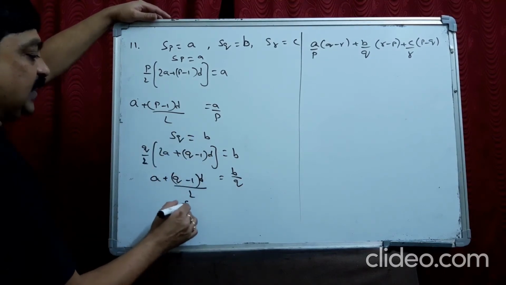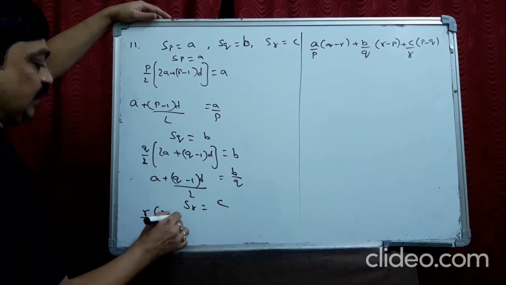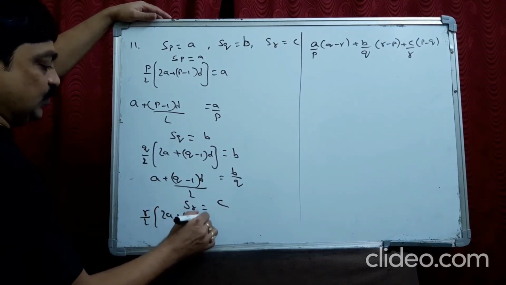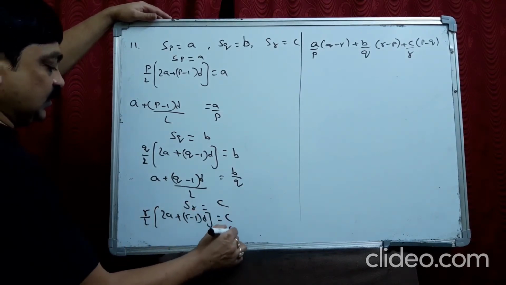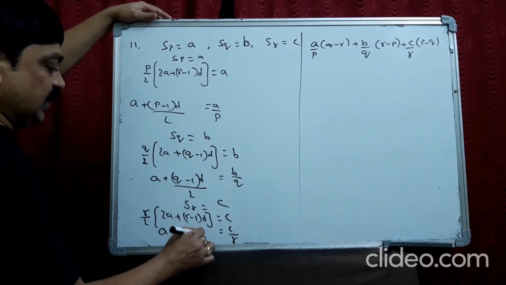In the same way, SR equal to C. R by 2 of 2A plus R minus 1 into D is equal to C. So C by R becomes A plus R minus 1 into D by 2.